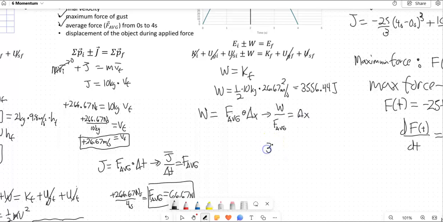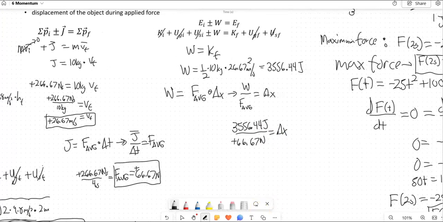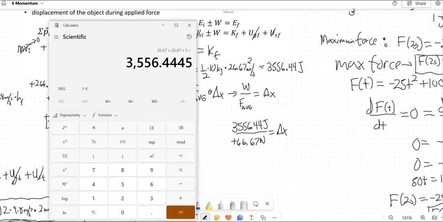Work is 3556.44 joules over an average force of positive 66.67 newtons. So we divide this by 66.67, which is 53.34.